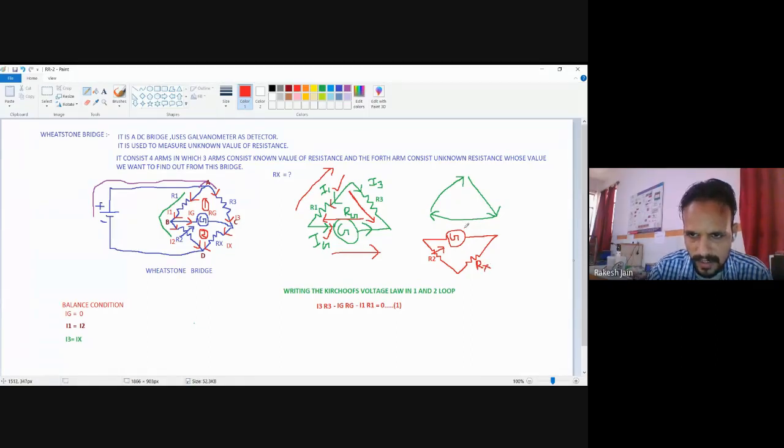The galvanometer resistance is Rg. Now see very carefully. If you understand the Kirchhoff voltage law in this, then we will easily complete it. Now the directions of the current given in our circuitry are Ig in this direction, and Ix in this direction.